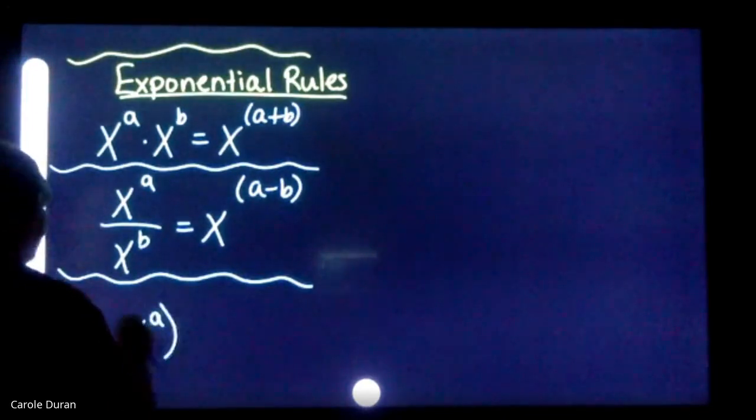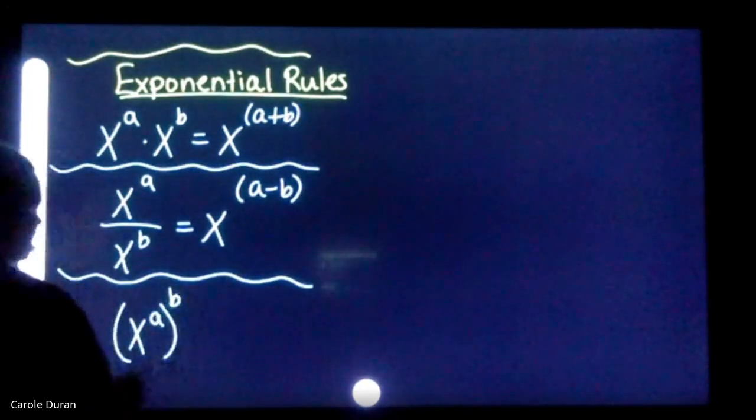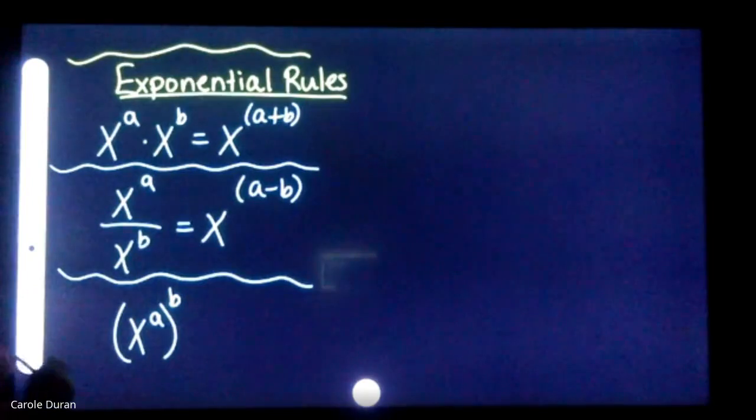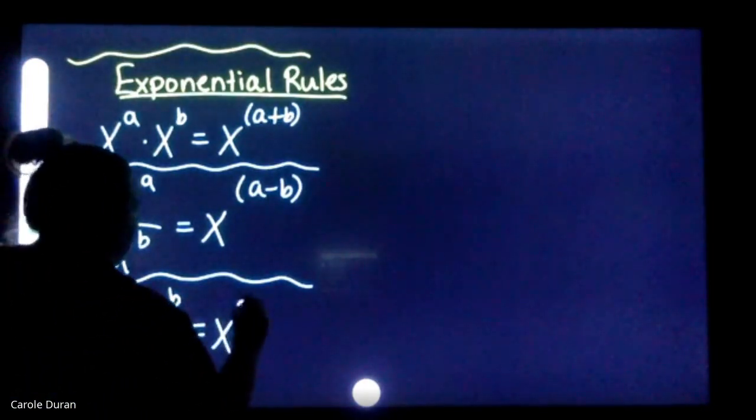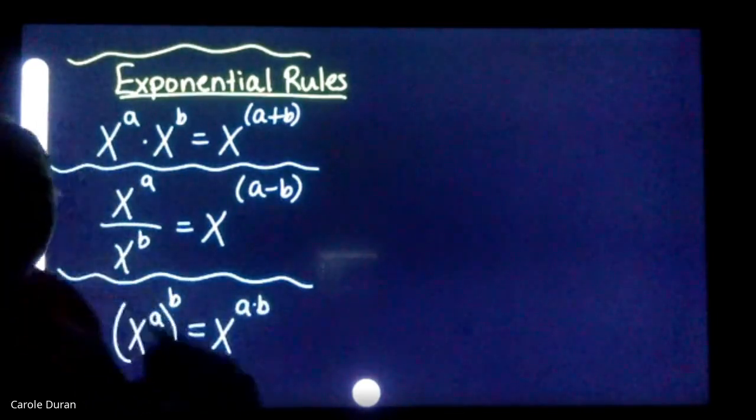If we raise an exponent to another exponent, so x to the a, all raised to the b power, then we multiply the exponents together.